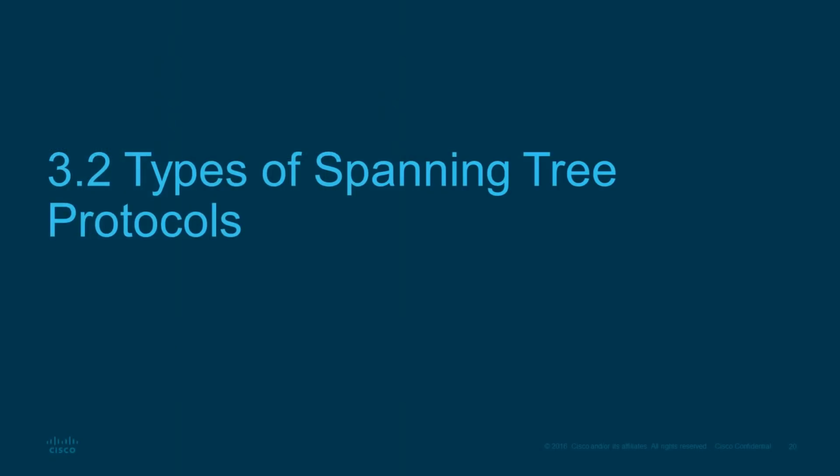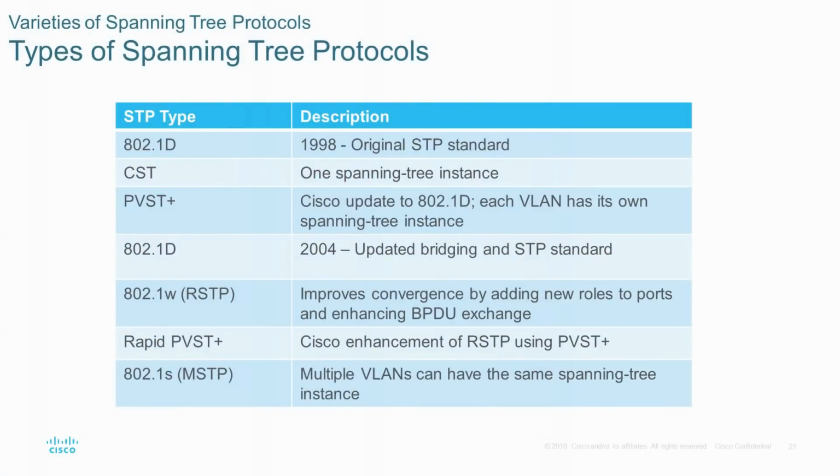If you look here, we have different types of spanning tree protocol. Initially, in 1998, 802.1d was the original STP standard, the common spanning tree. Then Cisco updated 802.1d to PVST Plus, where each VLAN has its own spanning tree instance. In 2004, the standard was updated to 802.1w RSTP, which improved convergence by adding new port roles and enhancing the BPDU exchange.